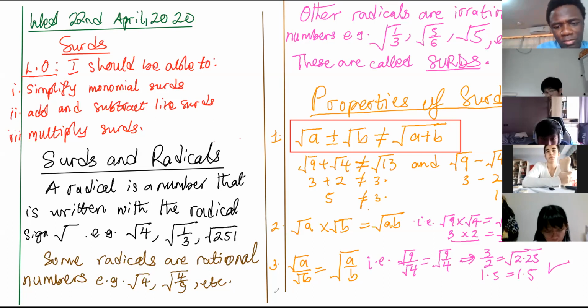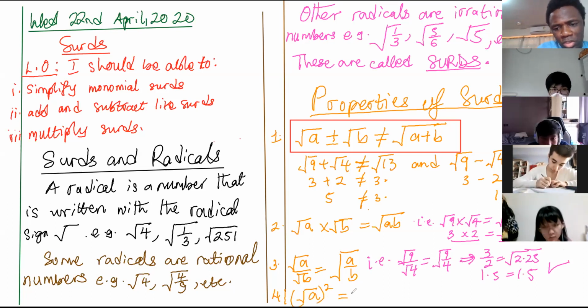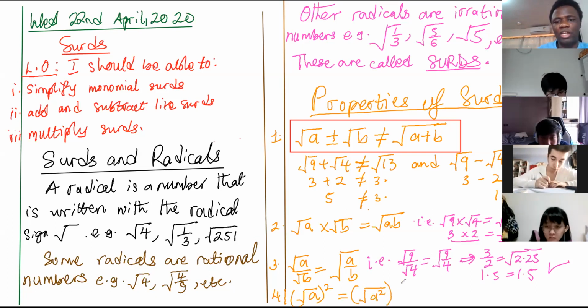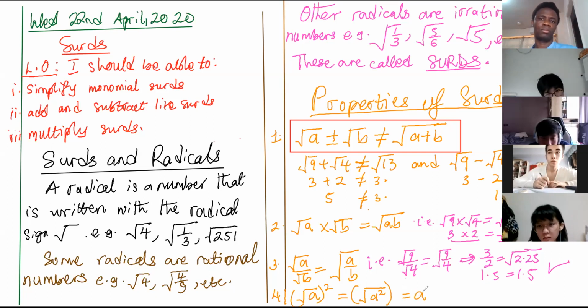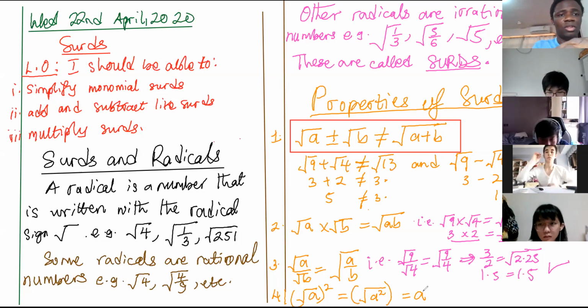The last property you need to take note of is when you square a square root, whether the square root is inside the square or you find the square root of a square, you get the number under the square root. When you square a square root, you get the number under the square root. You can check that too, using any random number of your choice.